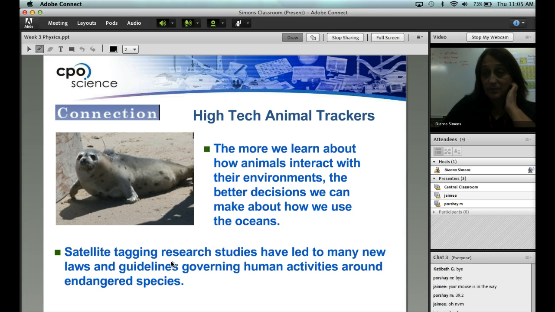These tags can graph the position of the animals, where they are, and how fast they're moving, and then researchers can decide the best way to help these animals, where they are going, and what's going on.